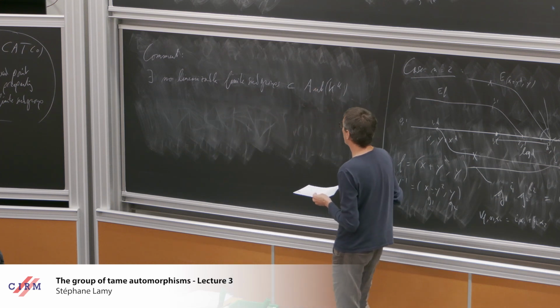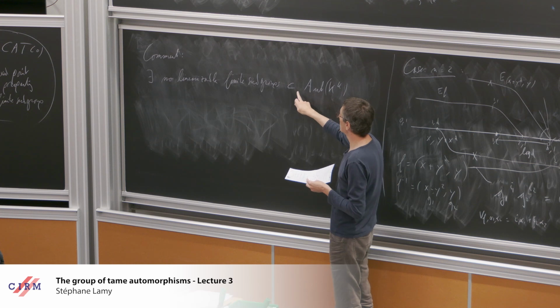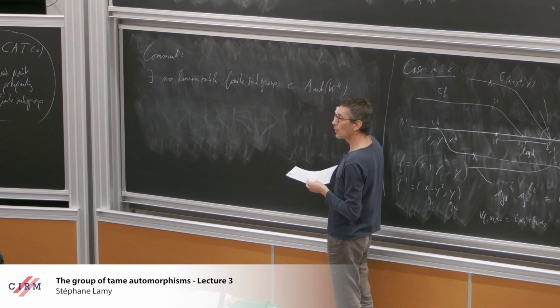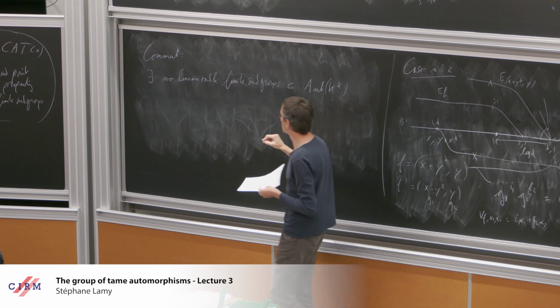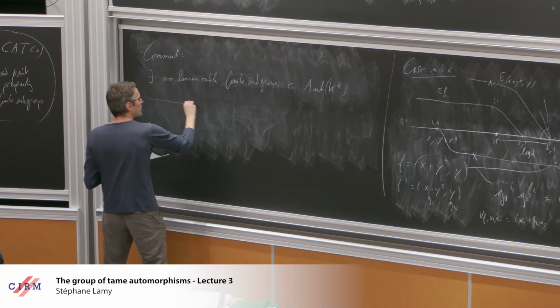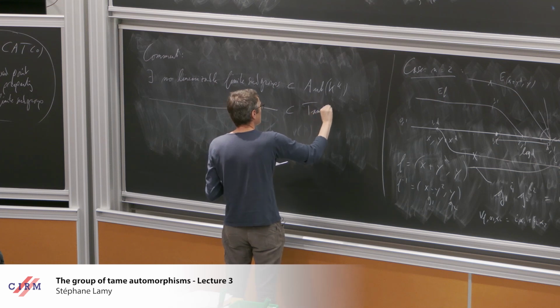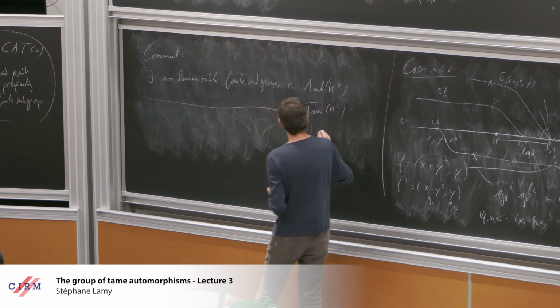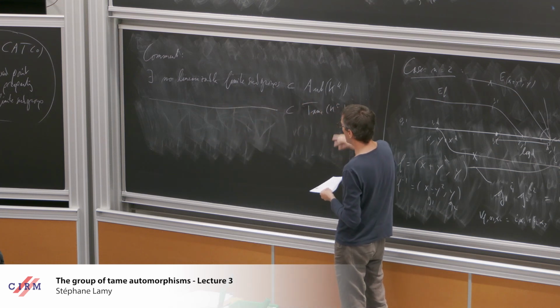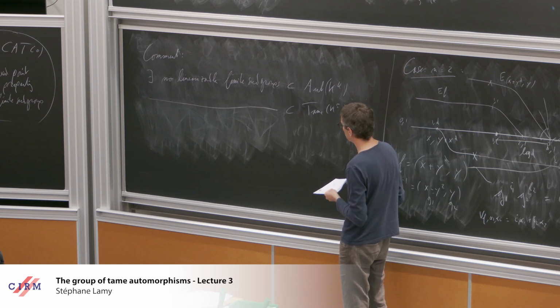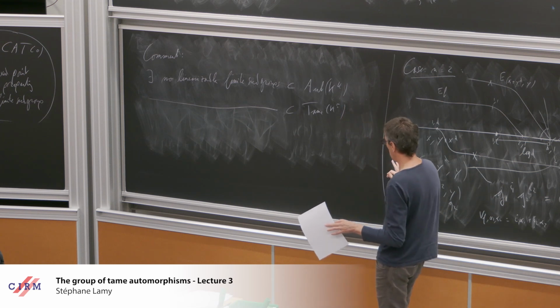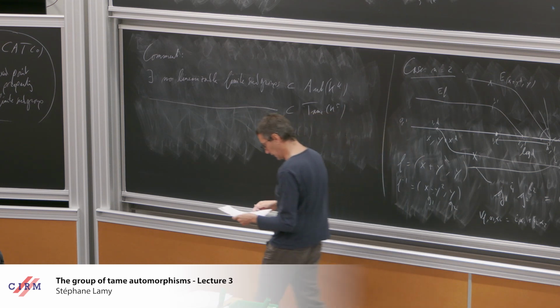It's not clear that the example is in Tame K4, but if you add one variable, it becomes tame, that we know. So in fact there exists the same example in Tame K5, and so in fact in Tame Kn for any n larger than 5. So it's very specific.